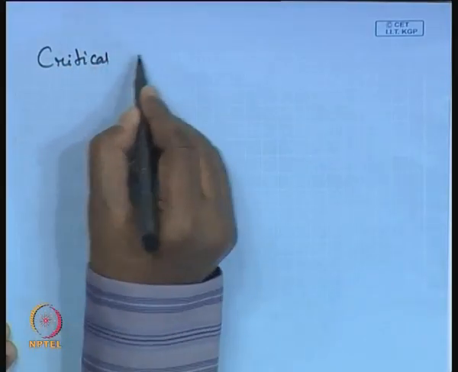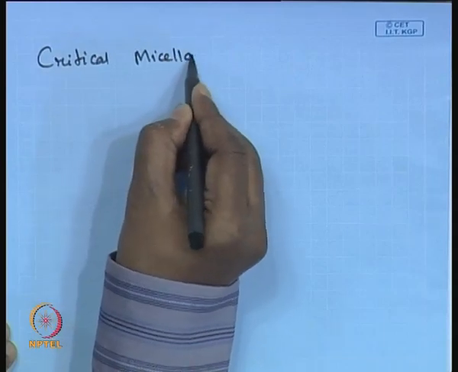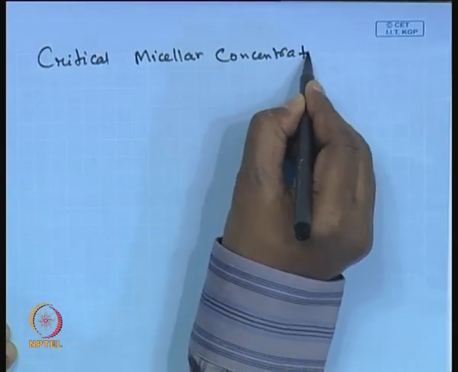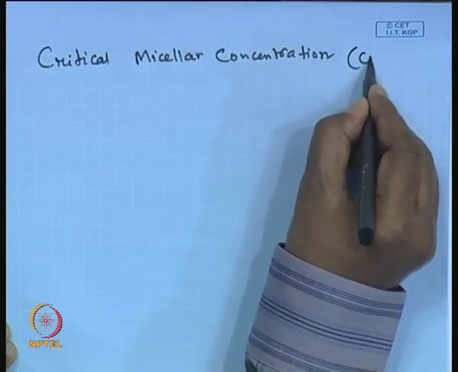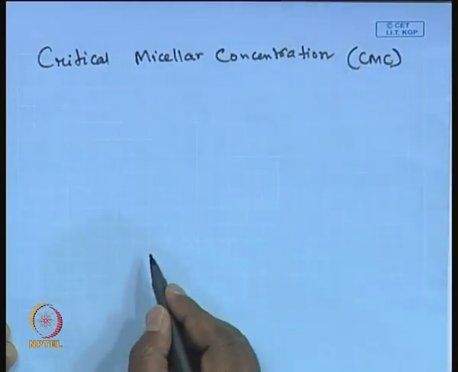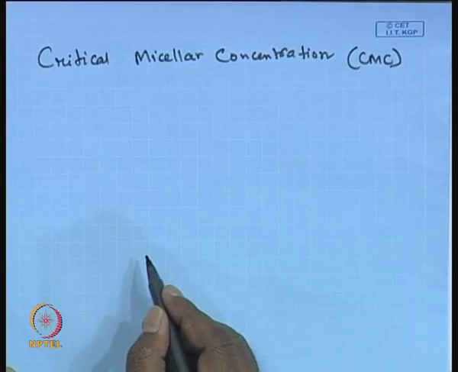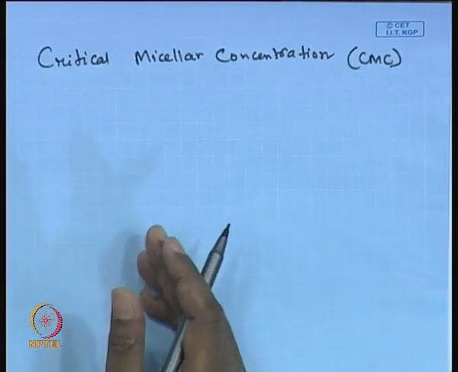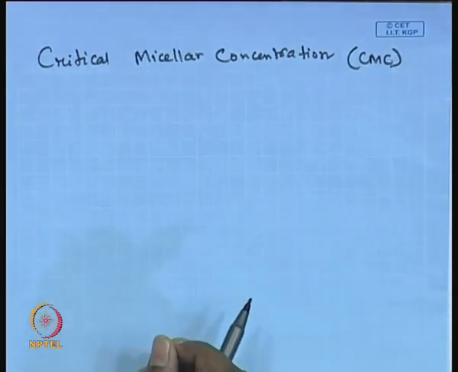Now let us come to the definition of the critical micellar concentration, also abbreviated as CMC. As I said earlier, when you have a surfactant at a lower concentration, the monomers will be separated, each of them on its own.